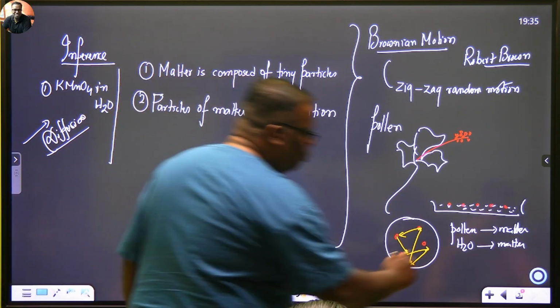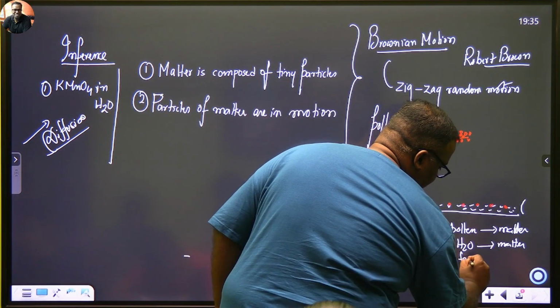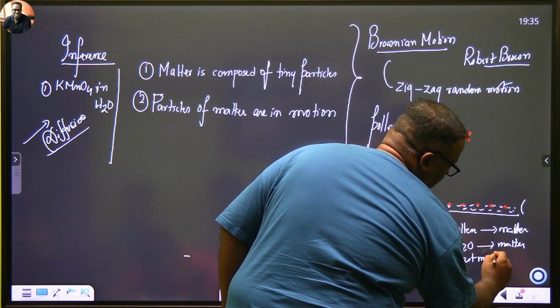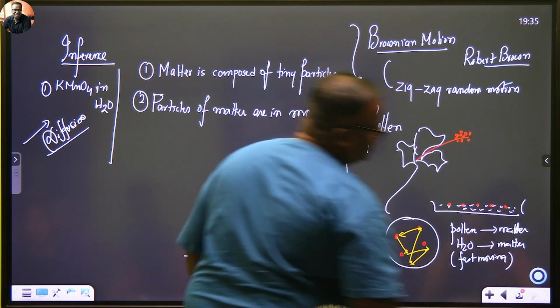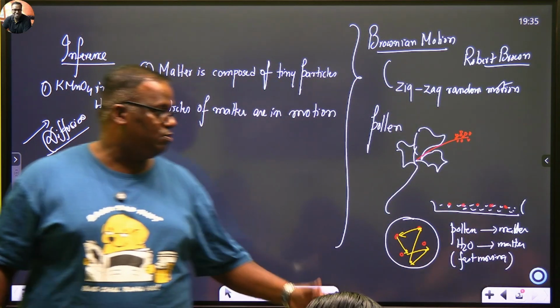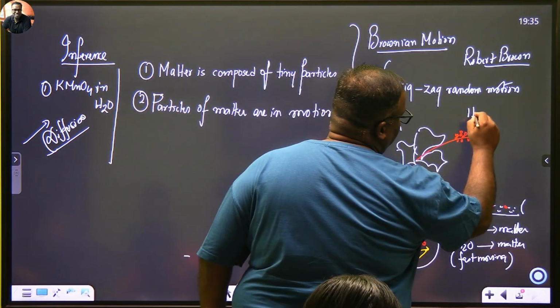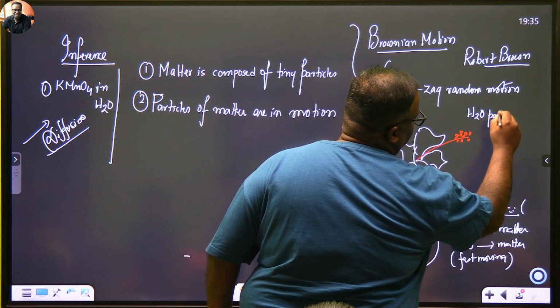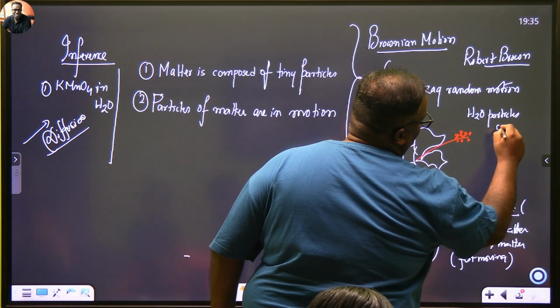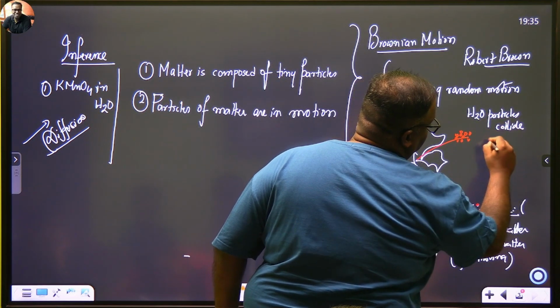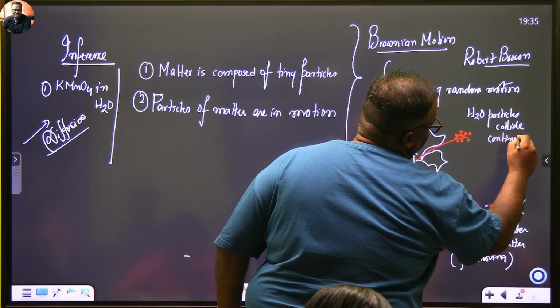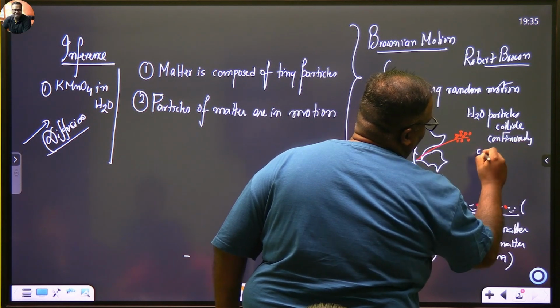While this matter was tiny, you could not see the water particles because the water particles are very small. And these water particles were the fast moving particles. And these fast moving particles are continuously colliding. So we say that the H2O particles collide continuously with the pollens.